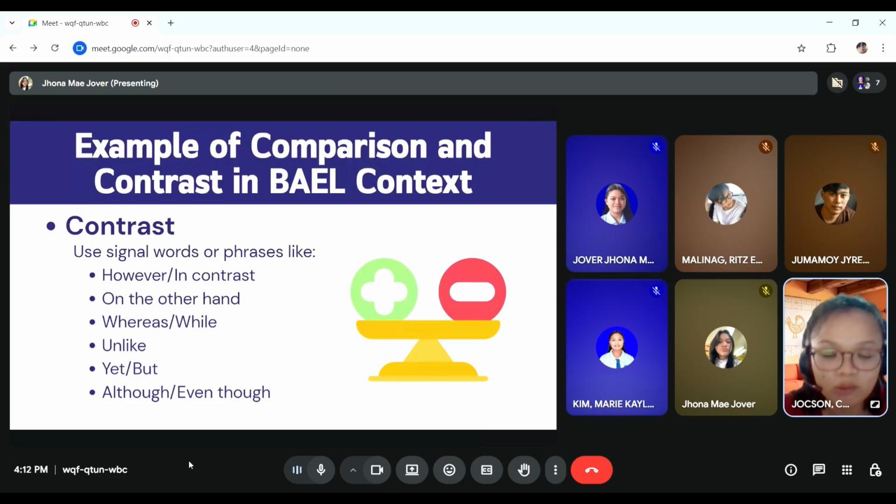All right. But we also have other ways to show our comparing and contrasting of two different subjects, such as spoken and written language. So next slide, please.